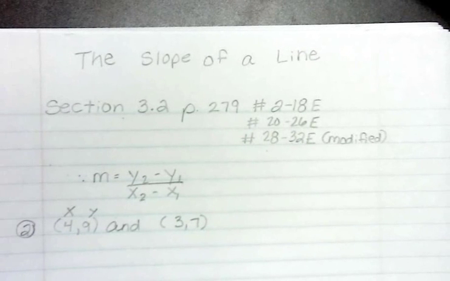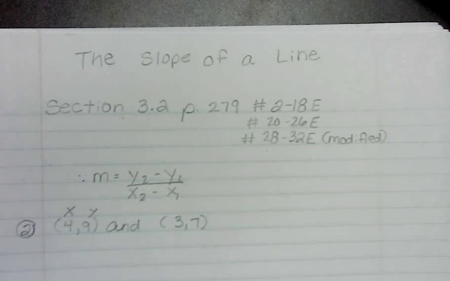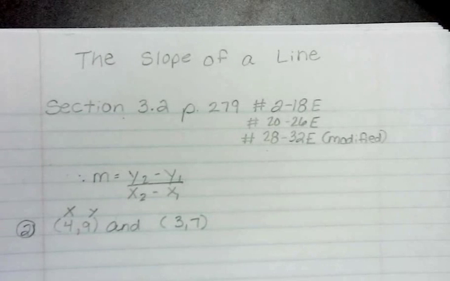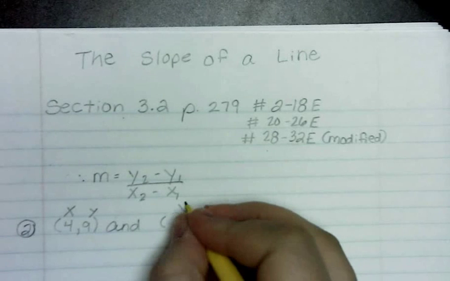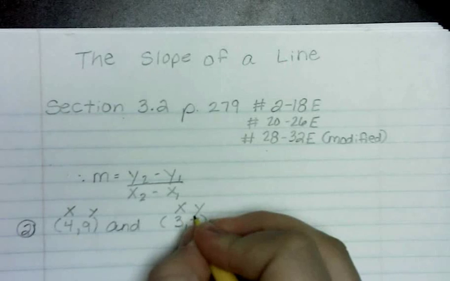Just 1 second. There we go. That seems to be a little bit easier for you guys to see. So our first value is always our x, our second value is always our y. So this is an x and this is a y.